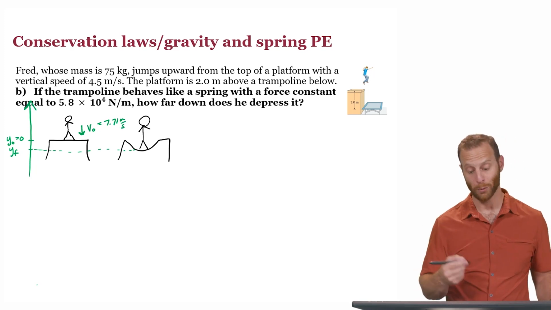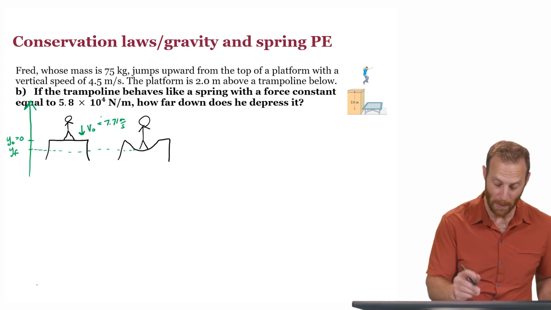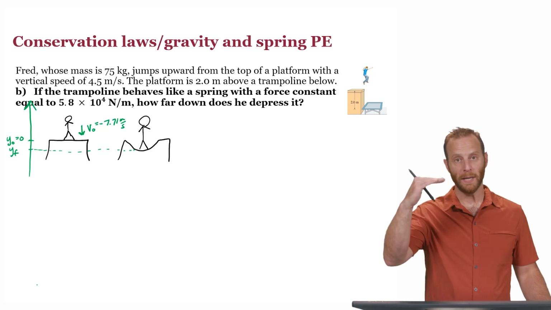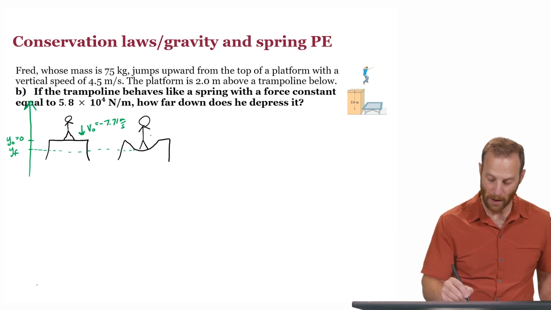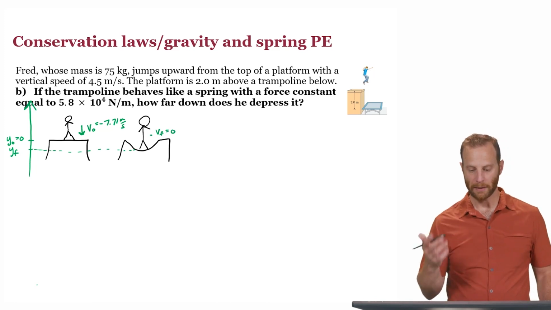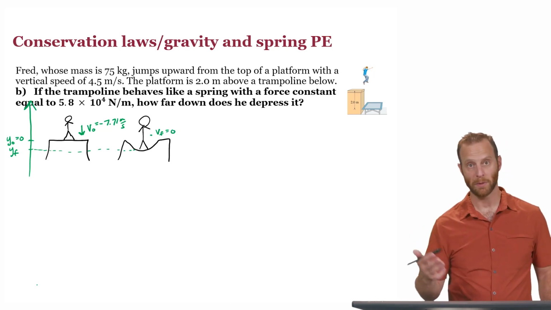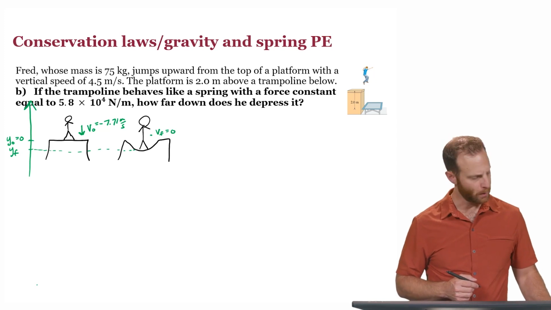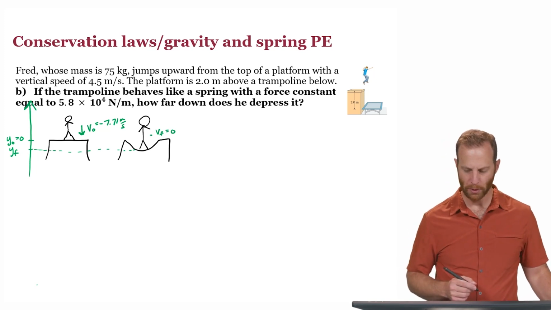And it's going downward, so technically I should call this minus 7.71. At the end, when he gets to the very bottom, his final velocity will be 0. That's a number that they didn't tell us, but it's something we have to infer from the physics of what's going on. Okay, is this enough information to take it further?